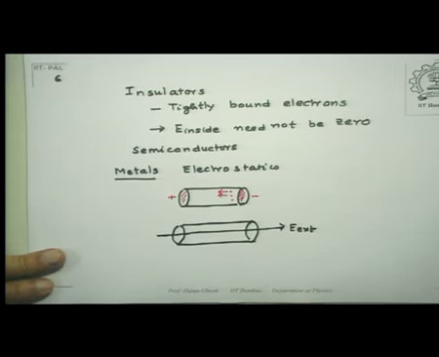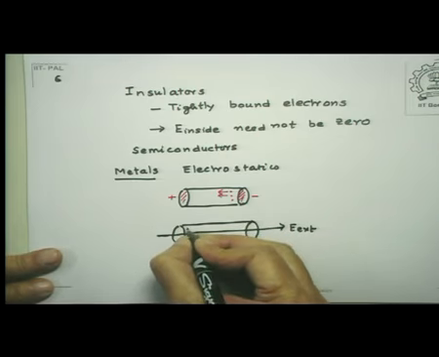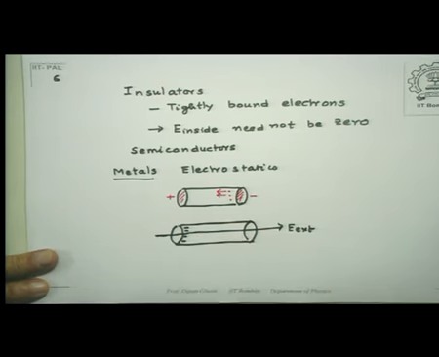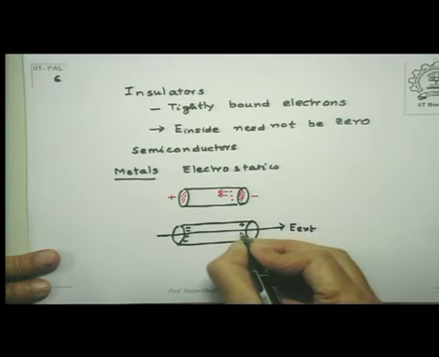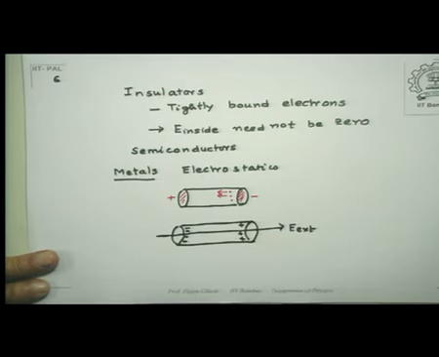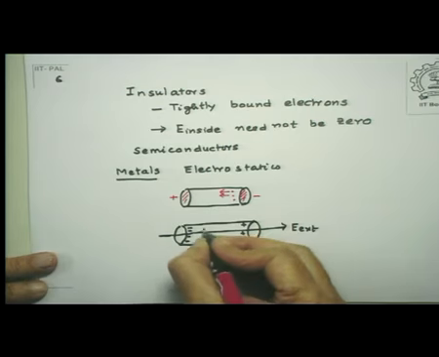Now you realize immediately electrons would start moving opposite to the direction of the electric field. So that will charge up this side, and that would make that side positive. The result of this is to create an effective field inside the material.